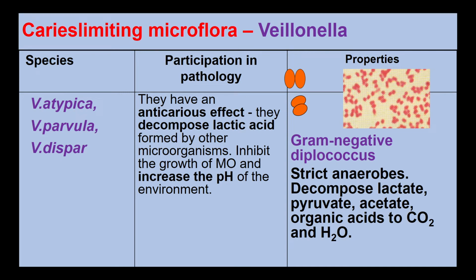Veillonella are gram-negative diplococci, meaning gram-negative cocci arranged in pairs, strict anaerobes, and they limit or inhibit cariogenic bacteria by decomposing acid. They decompose lactate, pyruvate, acetate, and other organic acids to produce carbon dioxide, H2, and water.